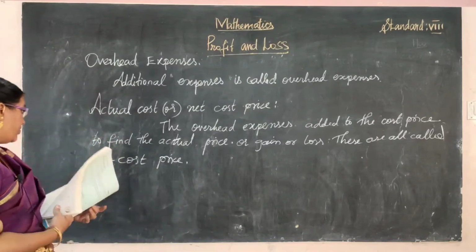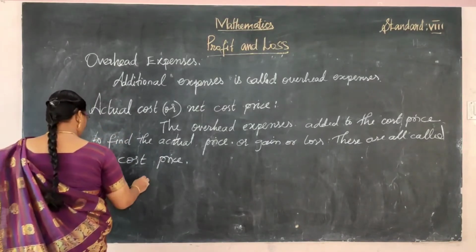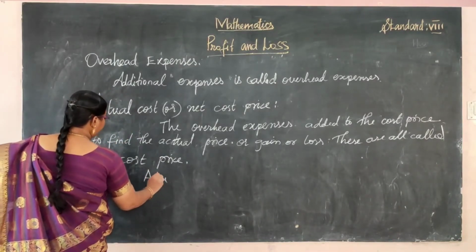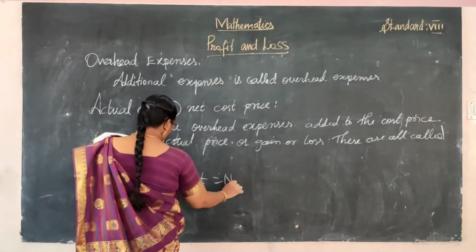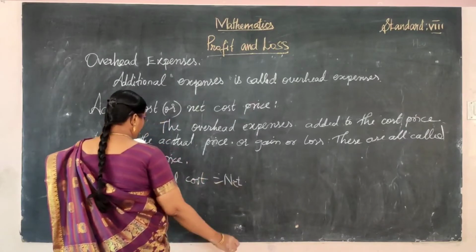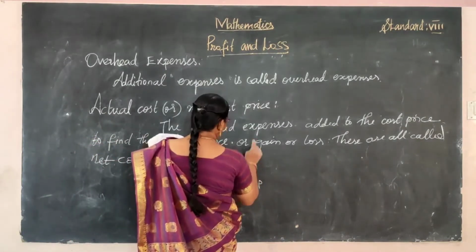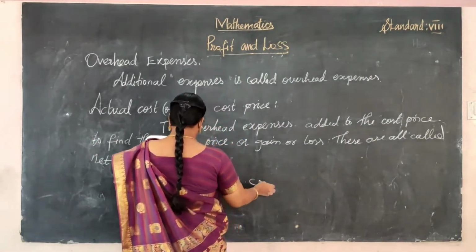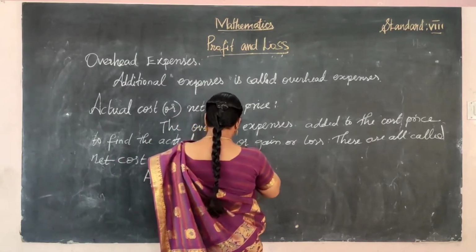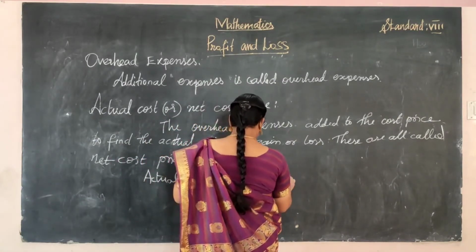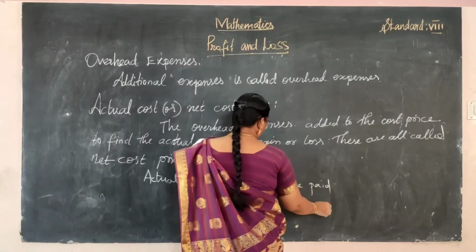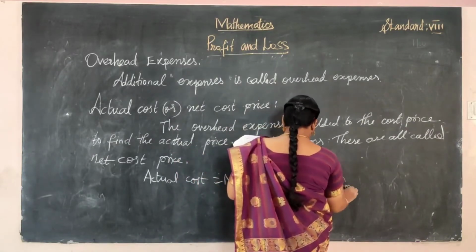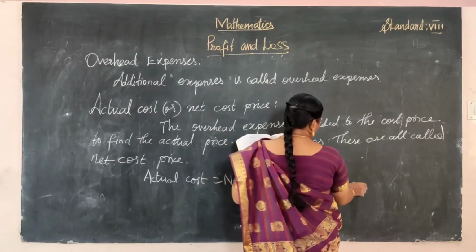So which are the terms we use? Actual cost is equal to net cost price. Cost price CP is equal to price paid for goods. Goods means objects.